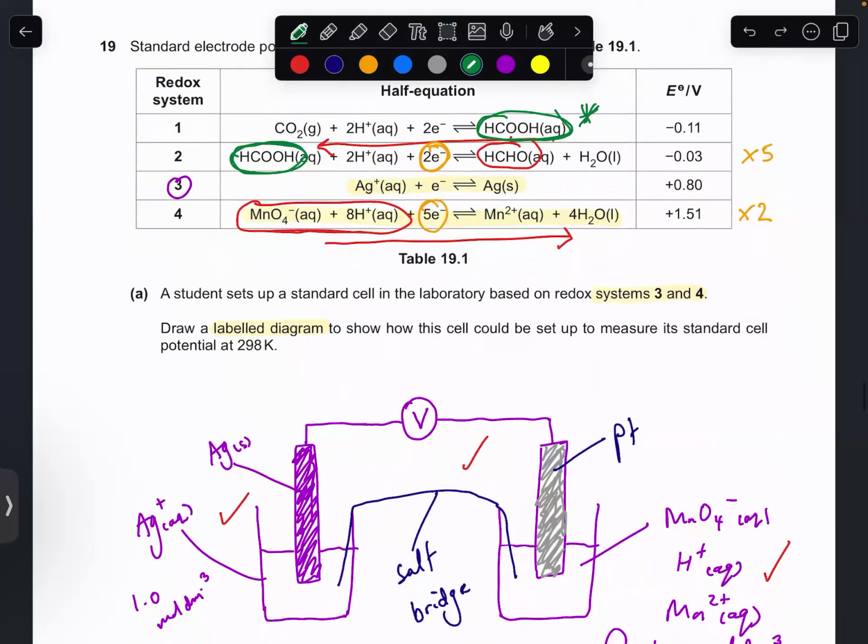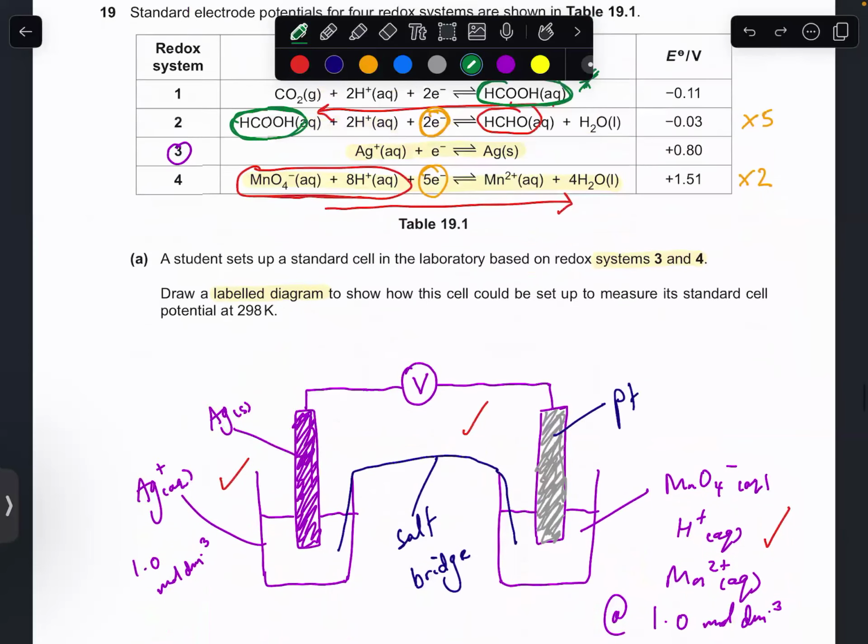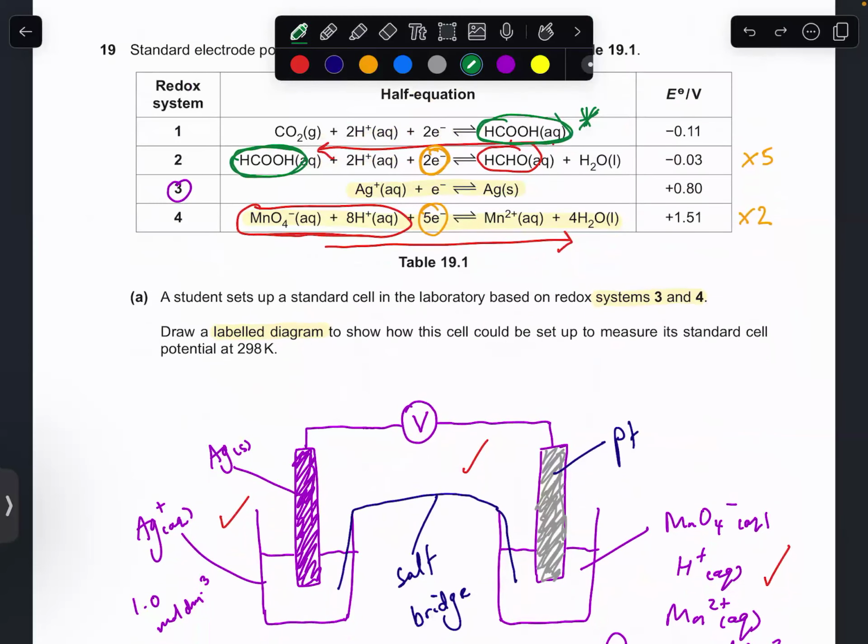So rather than keep going up and down, I'm going to write down the equation here. It's too much scrolling up and down. Like before, MnO4 minus plus 8H plus, we're going to cancel out the electrons to give you Mn2 plus and 4H2O.